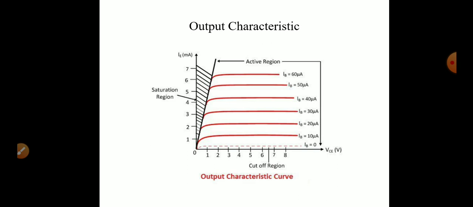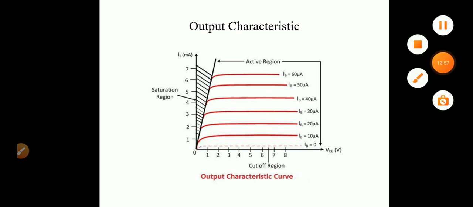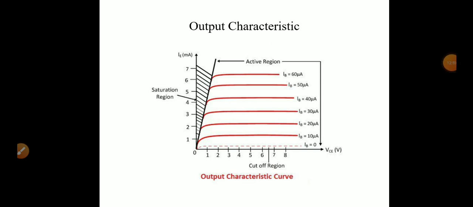Next one is the output characteristics. Similar to the output characteristics of the common base and common emitter configuration, the common collector output characteristics are also divided into 3 regions, namely saturation region, active region and cutoff region.